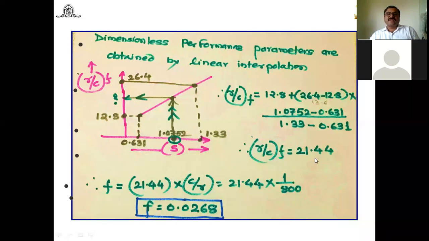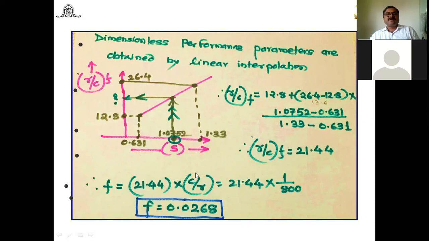Once you get this value, R by C into F is equal to 21.44. So find out this F. How to find out F? F is equal to this 21.44 multiplied by C by R, sending R by C to the other side. So F is equal to 21.44 into C by R. And again, R by C is given, that is a ratio 800, so C by R means 1 by 800.